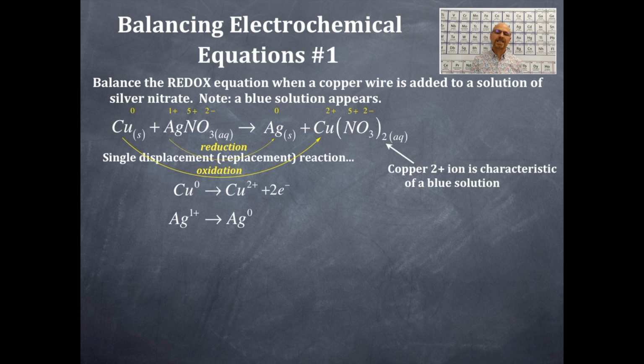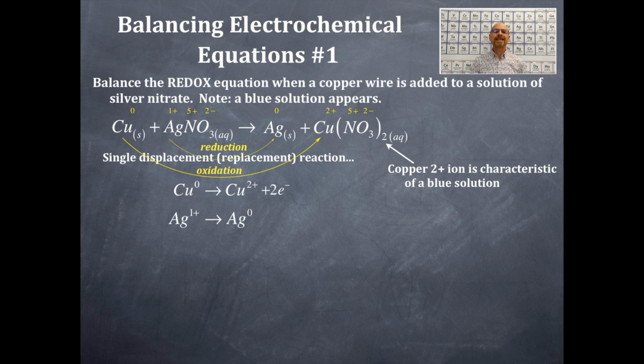Okay, now the reduction half reaction. In the reduction half reaction, I have a +1 charge on the reactant side and a 0 charge on the product side. So what is the lower charge of a +1 and a 0? Well, it's 0. Not always 0, but it is in this case. It's a 0 on the product side, so I need both sides to equal 0.